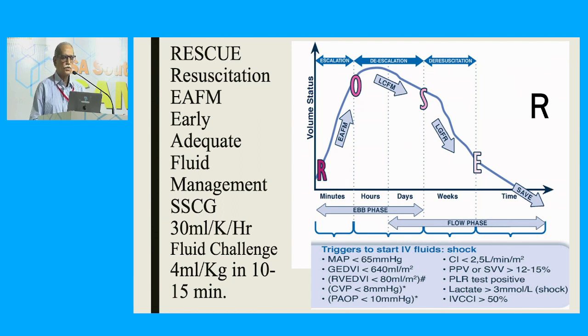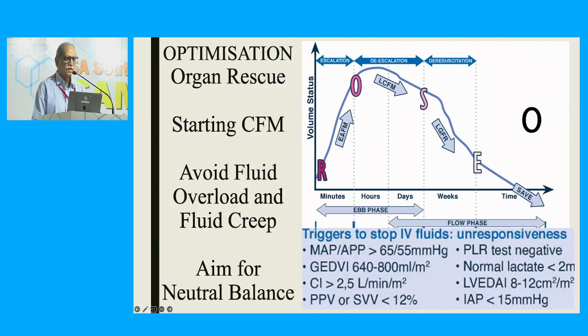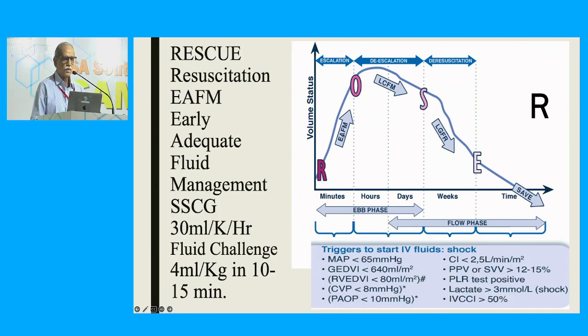Summarizing, I would like to show you that you can go through this in a fashion of rescuing this patient, using the rescue algorithm and resuscitating these patients initially in the early phases by early adequate fluid management.